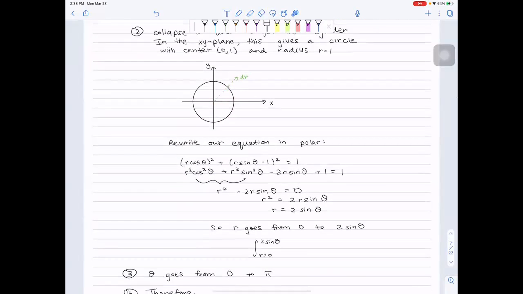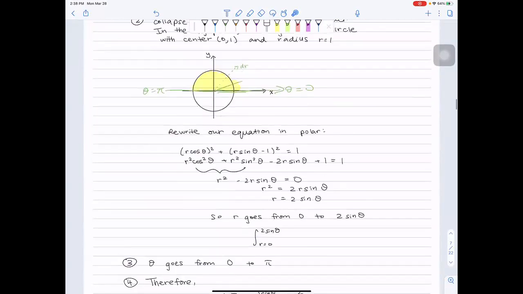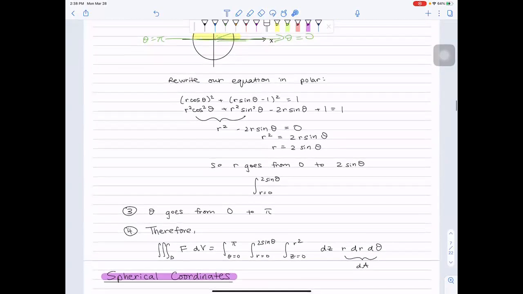We want to find the smallest line. So that's going to be theta equals 0. And the largest line is theta equals pi, because our region probably splits in half when we did the shadow. So theta goes from 0 to pi. And therefore we can rewrite our triple integral in Cartesian coordinates into a triple integral in cylindrical coordinates.